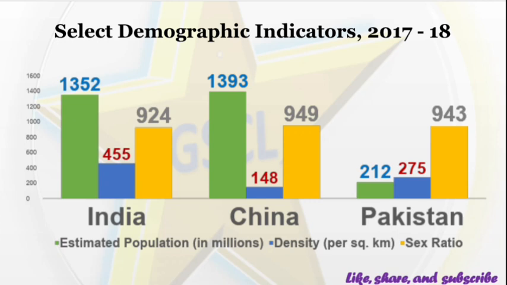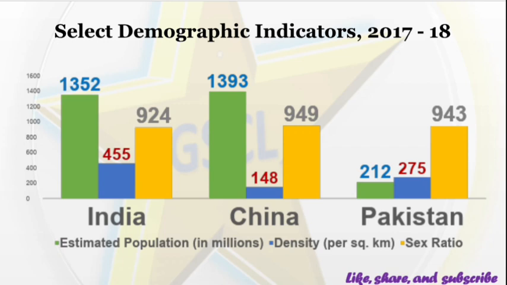Next is the sex ratio. It indicates the number of female population existing per 1000 males in the country.